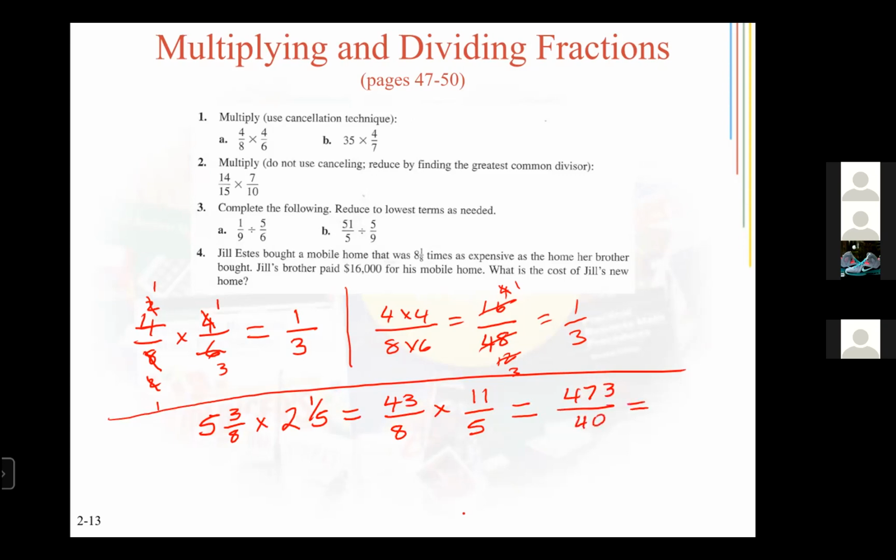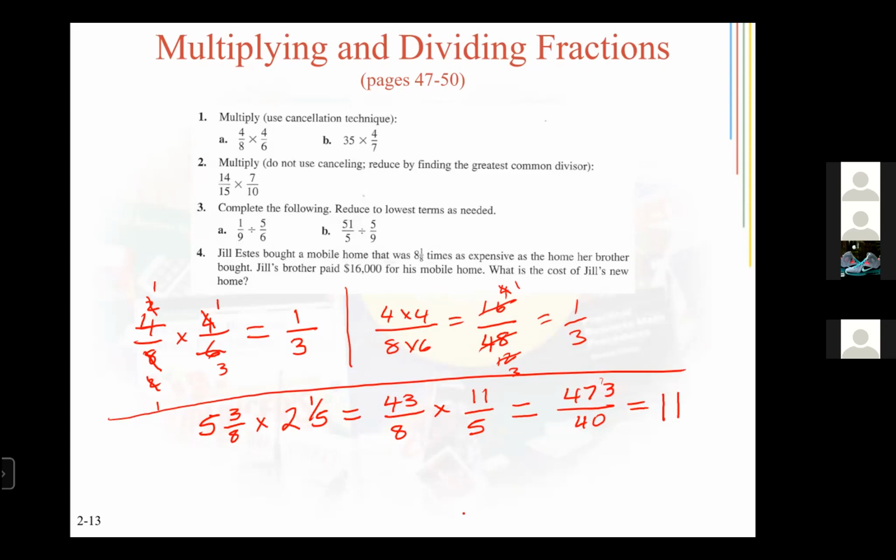So 473 over 40, and you simplify that. 40 into 47 goes 1 time, remainder 7. Then we have 73, so 40 into 73 is 1.